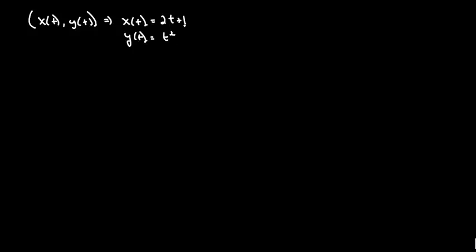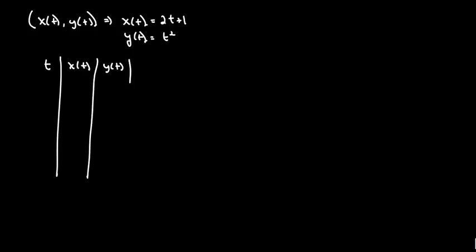Okay. Now, what we can do is let's just graph this out again because this is good practice. So we've got t, we've got x as a function of t, and we've got y as a function of t. And then we'll of course discuss x, y.